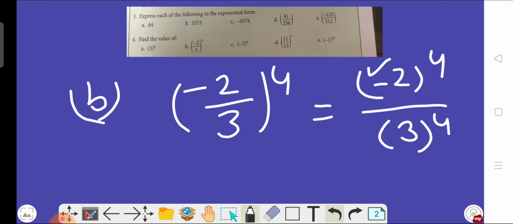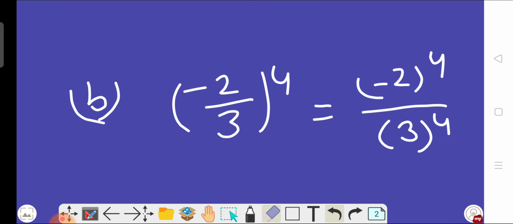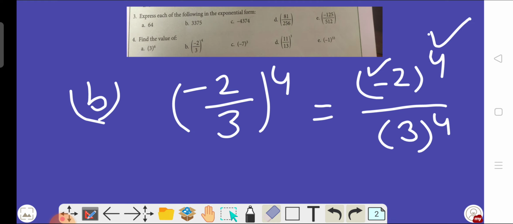We know that if the negative sign is repeated an even number of times, then the resultant has a positive sign, and if the negative sign is repeated an odd number of times, then the resultant has a negative sign. But here the negative sign is repeated 4 times, and 4 is an even number, so the resultant is positive in this case.